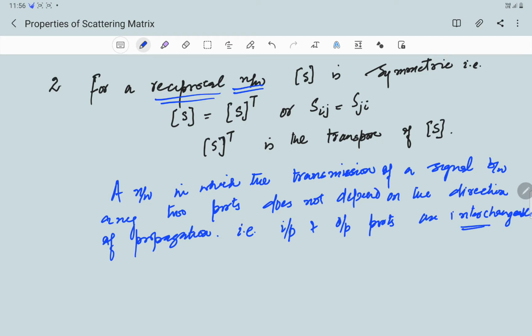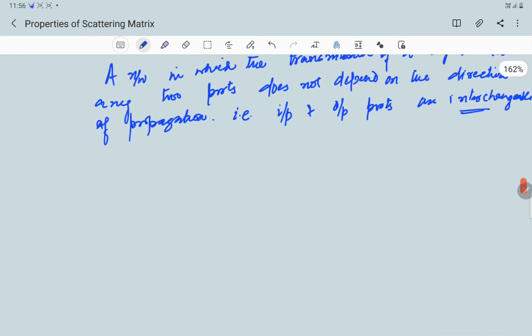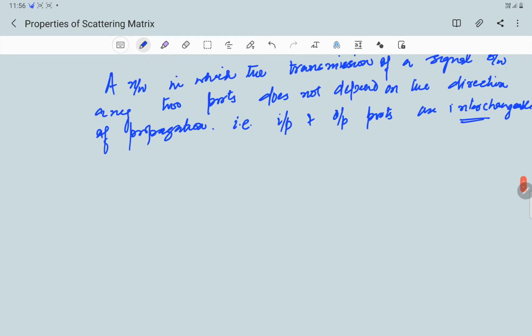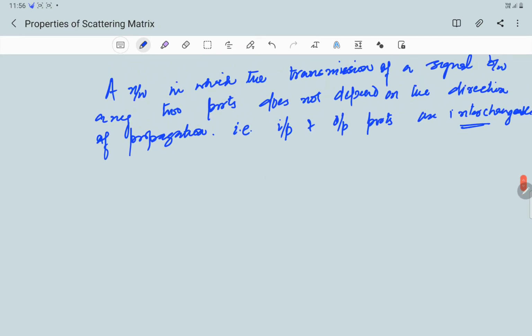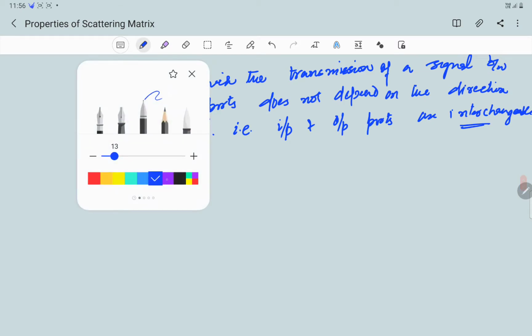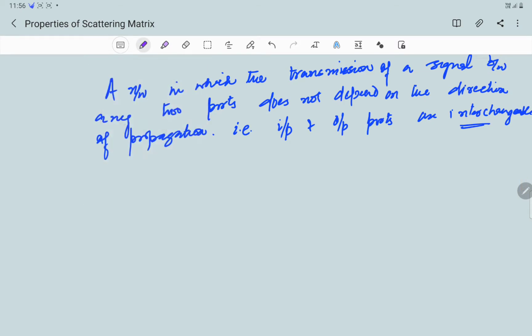So what it means is that, say for example, I have a two-port network. This is the input port or port number 1, and this is the output port or port number 2.